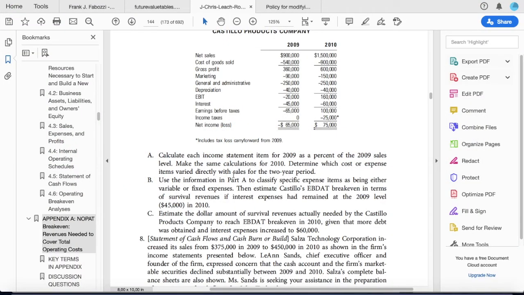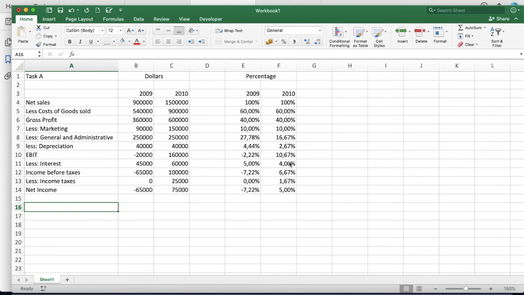Now, once we have done this, let's move to the next task, which is to determine which cost or expense items vary directly with sales for the 2-year period. The answer is pretty simple. In order to distinguish between the variable costs and the fixed costs, we use the cost per unit, right?